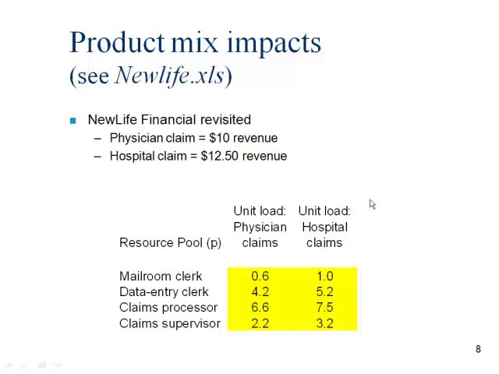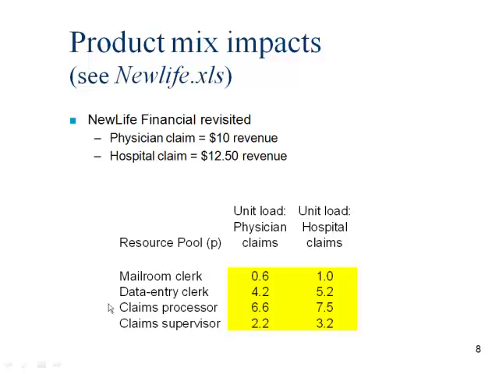So I want to revisit New Life using a spreadsheet called newlife.xls, which is available to you. And first of all, let's start with the idea that physicians' claims generate $10 of revenue. On the other hand, New Life has the option of taking on hospital claims. Hospital claims actually generate 25% more revenue per claim.